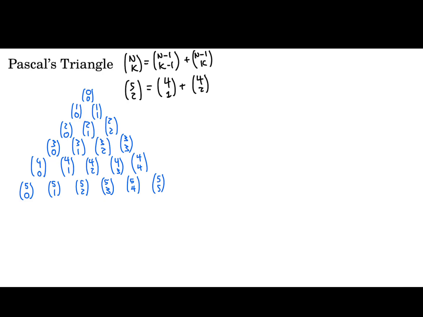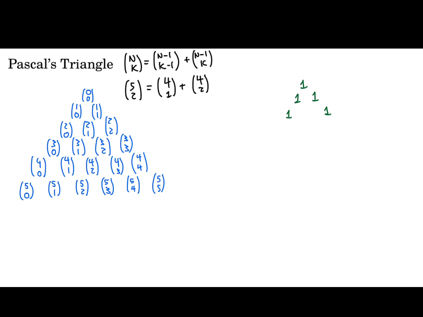And so, of course, all of these on the left and on the right are equal to 1, because the amount of ways that you can choose 0 is equal to 1, and the amount of ways that you can choose the whole set, so how many ways can you choose 4 out of 4, is equal to 1. And so with that, you get a nice little pattern here. Let me write it with a different color. So 1, 1, 1, 1, 1.